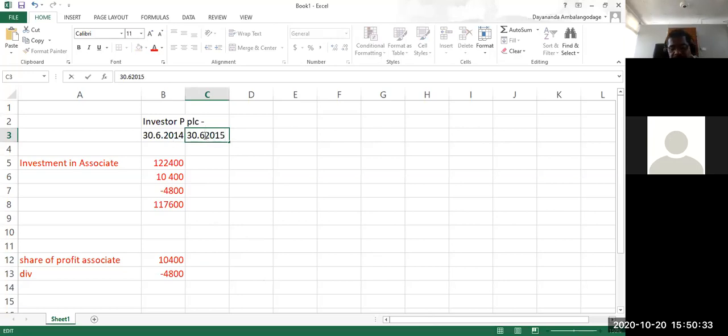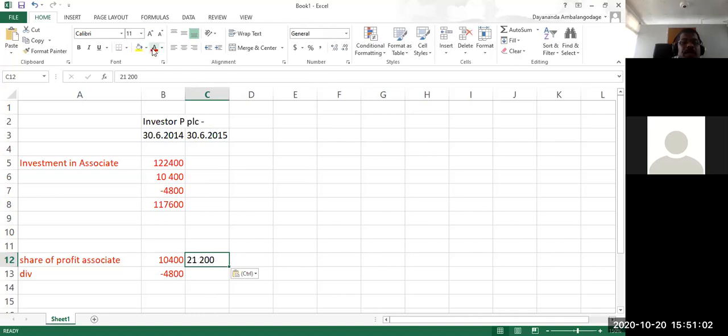They are preparing the 2015 financial statements now. So you can remember the figures. Share of profit is 21,200.